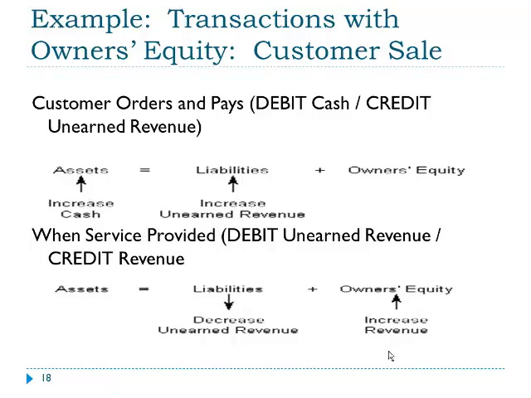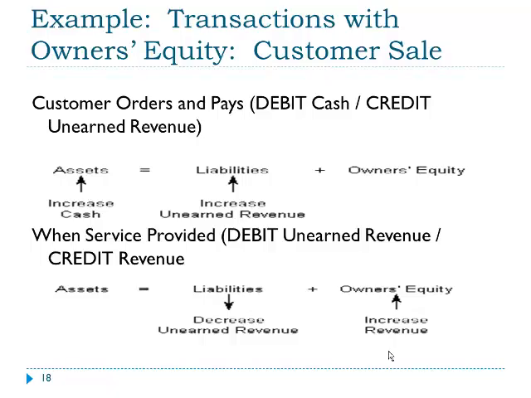That's an increase in the asset of cash because they have paid us. And it's an increase in a liability because we owe them future goods or services. The name of that liability is unearned revenue. Which one of those is the debit? The increase in cash. Increase in an asset, decrease in liability, decrease in owner's equity is the debit.